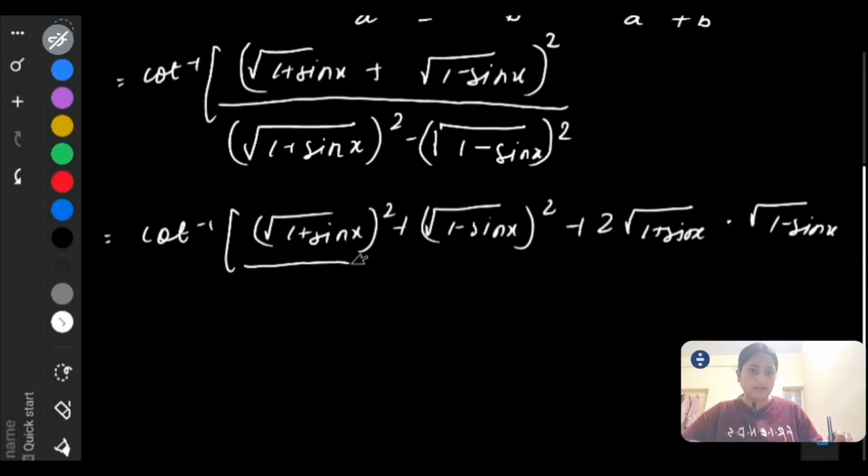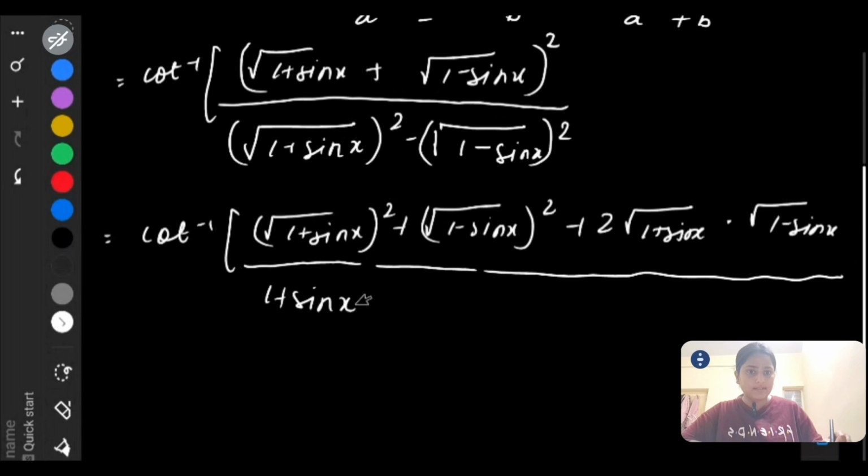Now in the denominator, a square, squaring the root gives the same, so 1 plus sine of x minus 1 minus sine x. Cut 1 minus from plus 1. So in the denominator, it is 2 sine x.